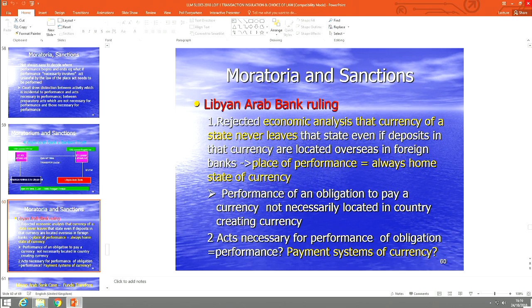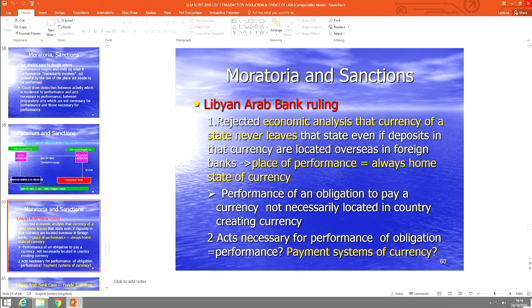Even though the account was in Singapore or London or wherever, the dollars never left the United States. Therefore, the place of performance was always the home state of the currency. That was rejected by the court. It said, no, that's not correct. It may be true in terms of economics, but that's not the law. The performance of an obligation, the court said, was not necessarily located in the country of that currency. So US dollar obligations could exist outside the US.